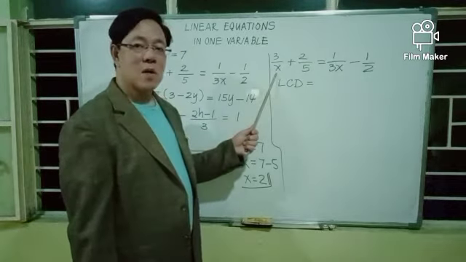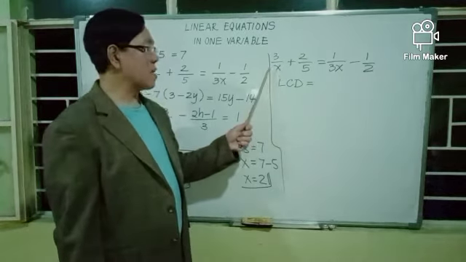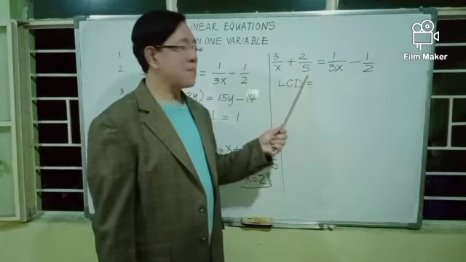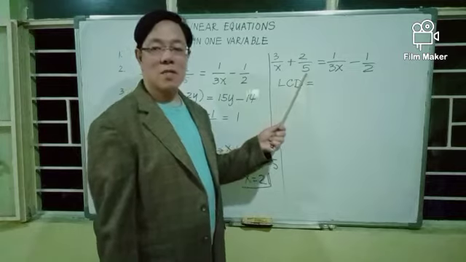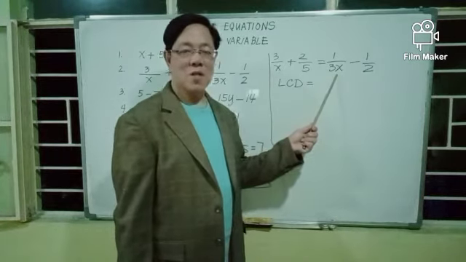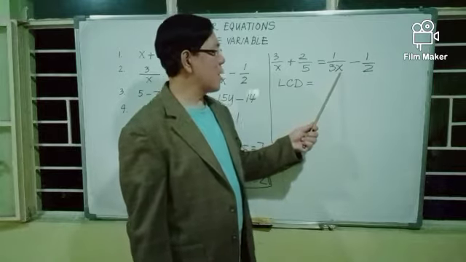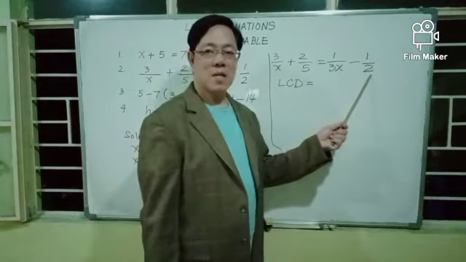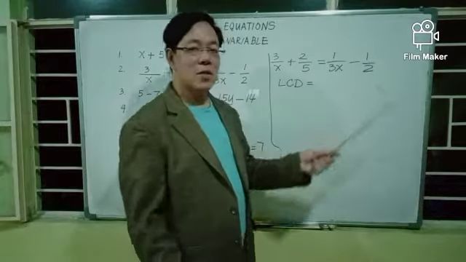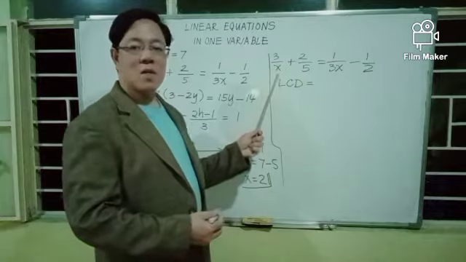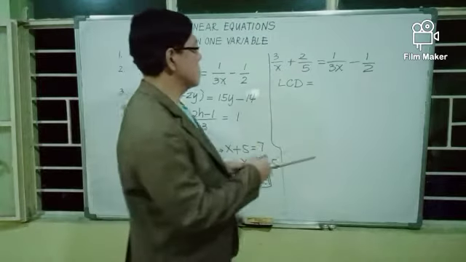In the first term, the numerical coefficient of x is 1. In the second term, the denominator is a constant 5. At the right-hand side, in the first term, the numerical coefficient of x is 3. And in the second term, at the right-hand side, the denominator is 2. Again, the numerical coefficient of x here is 1.